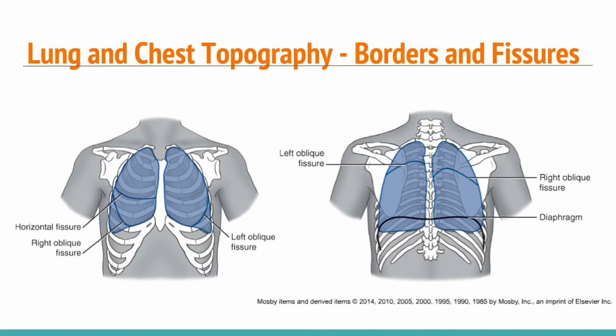Your horizontal fissure runs from about the 4th rib at the sternal border to the 5th rib mid-axillary. Your oblique fissure runs from about the 6th to 7th mid-clavicular and runs around posteriorly to about T3. Okay, so those should be in Desjardins also.